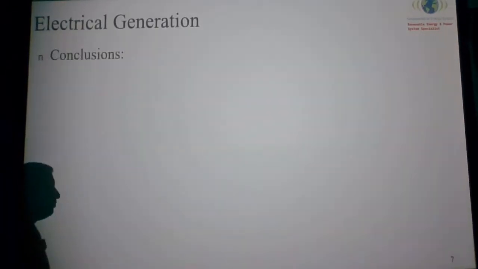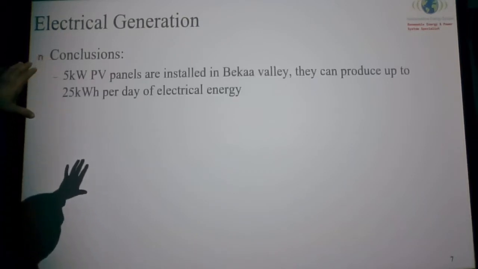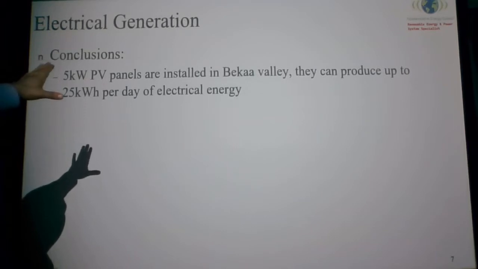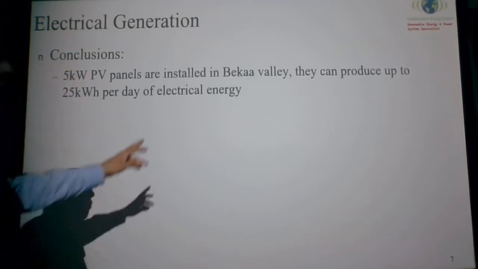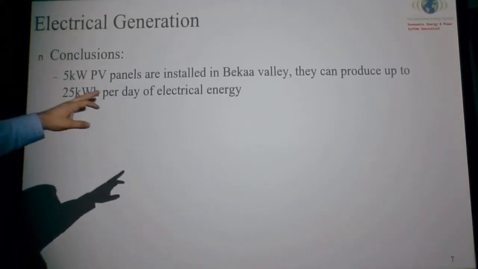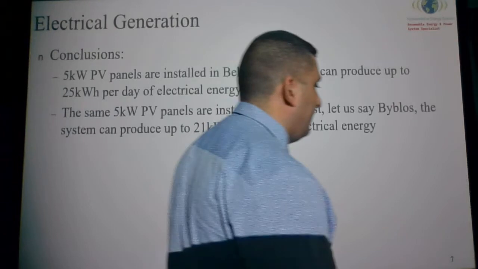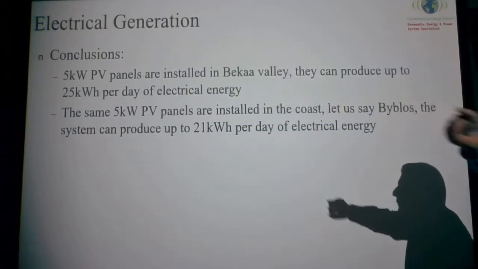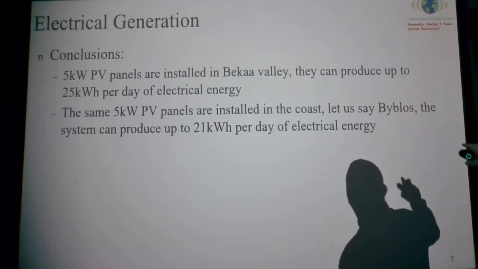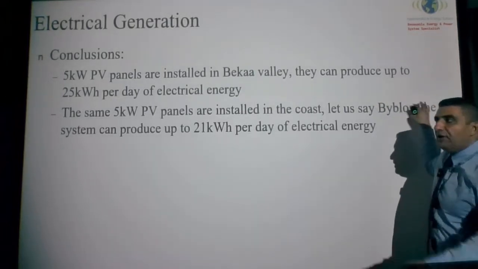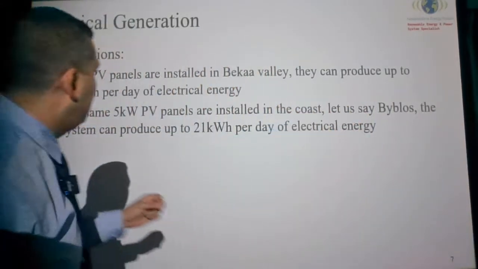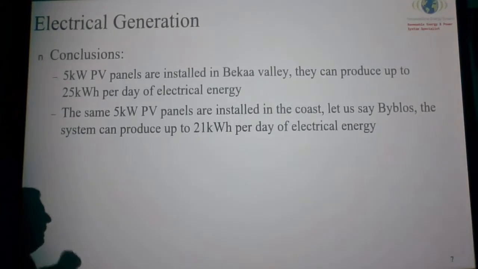Now, to conclude from what we did, a 5 kilowatt PV system installed in Bekaa Valley can produce up to 25 kilowatt hour per day of electric energy. The same 5 kilowatt PV panels installed on the coast, let us say around the Byblos area, can produce up to 21 kilowatt hour per day of electrical energy.